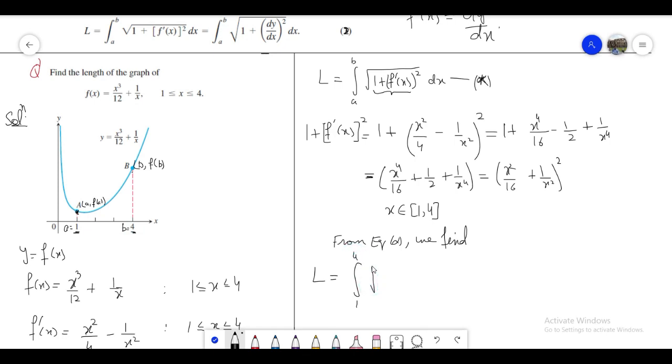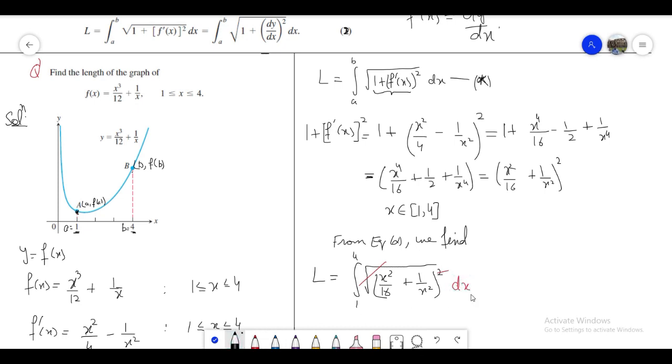And the root of 1 plus f dash of x squared has come out as x squared by 4 plus 1 over x squared, whole squared. So this square is cancelled by the square root. Of course, this is dx.